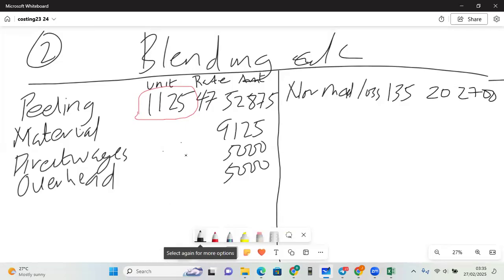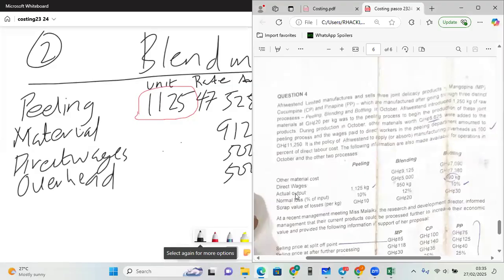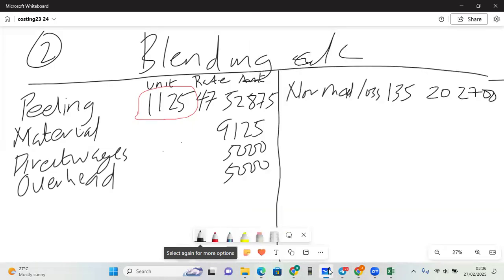Now, what is the actual output? The actual output here is 950 kilograms. Right, so let's write actual.